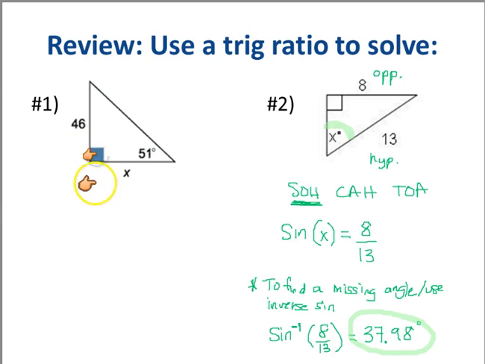Again, we can only use trig ratios when we have a right triangle. So if you're given 2 pieces and you need to find a third, you can use SOHCAHTOA, or sine, cosine, tangent.